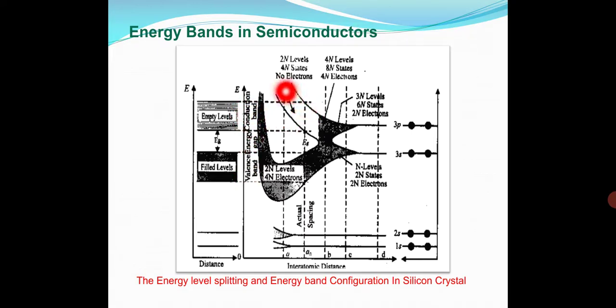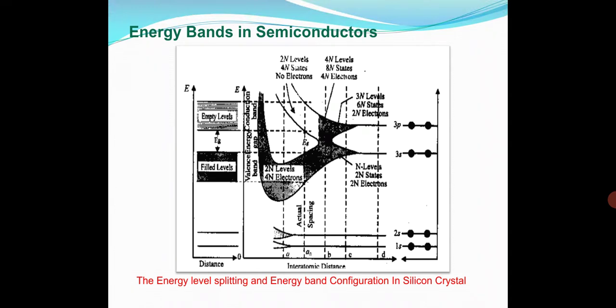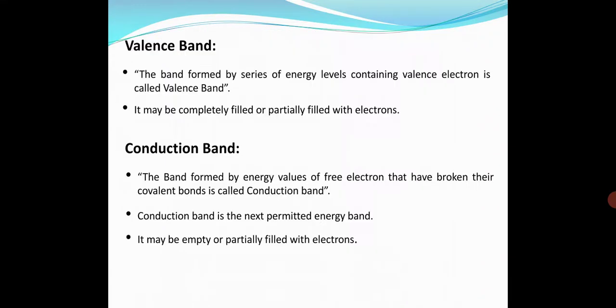The empty energy levels contribute to the conduction band, and the filled ones contribute to the valence band. The split levels like the 1s and 2s are given lower here. Though they are split, their contribution to the external field is very much less.